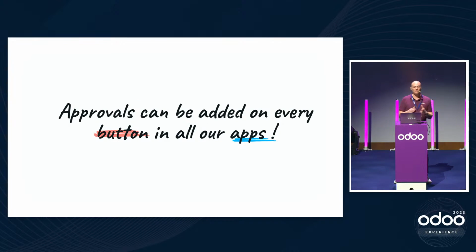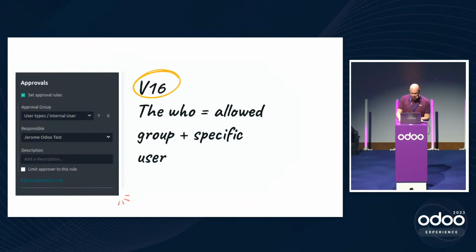So, what's more? With Studio, we can add on every button in all our applications the different approval workflows. In the previous version, V16, the person that needs to validate was a group of specific users, plus a specific user, as the screen says.